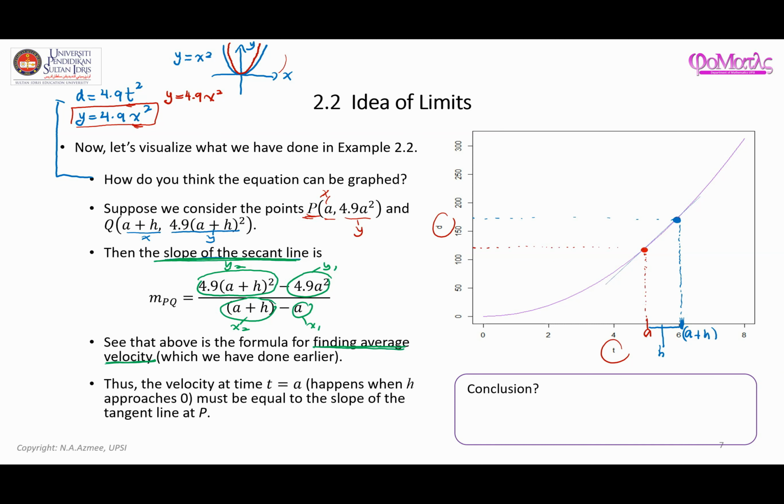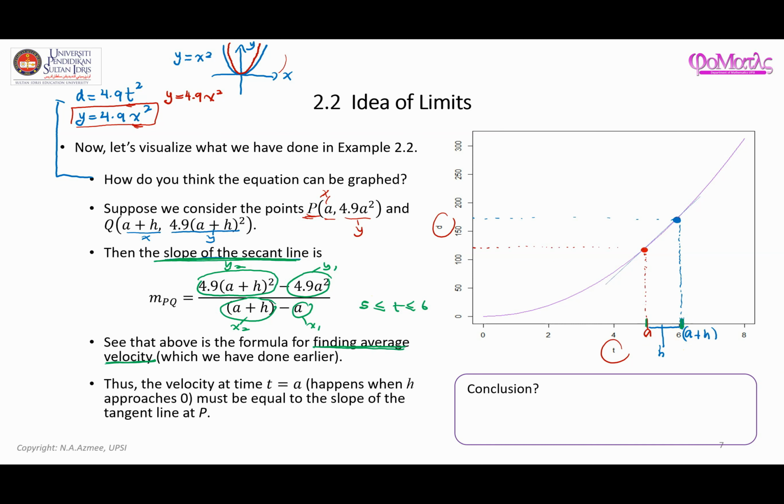Therefore, what we have done just now is we started off with the time interval between 5 and 6. That means you're talking about roughly this point, 5 and 6.